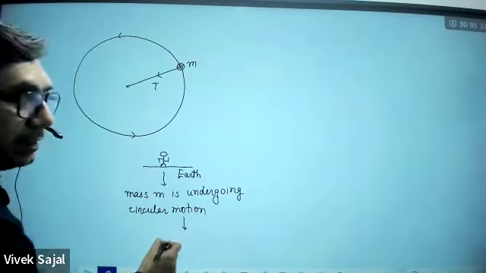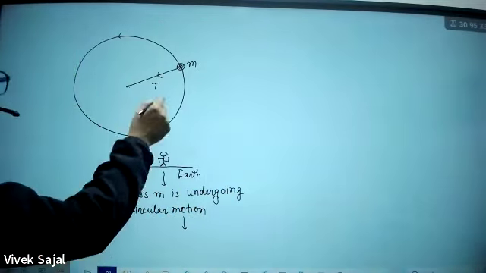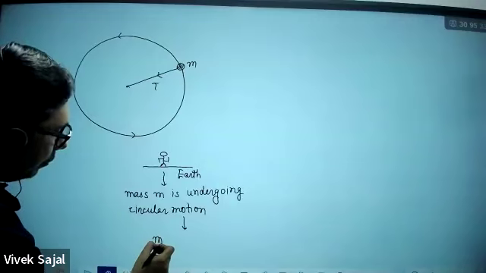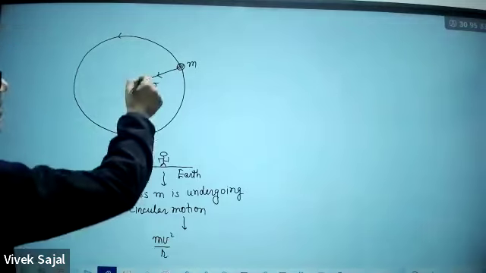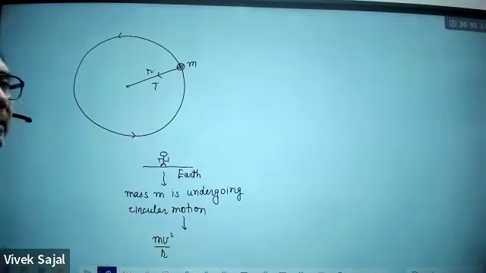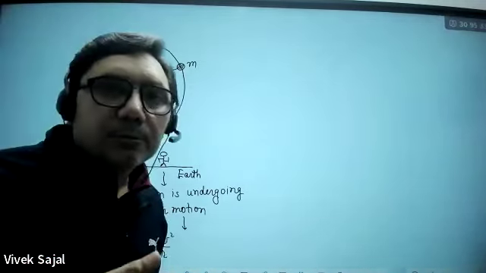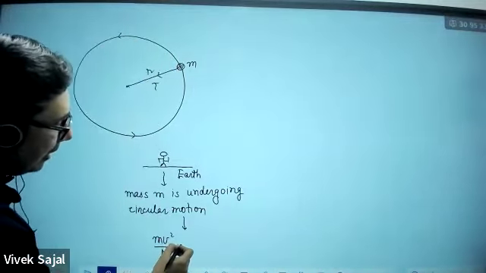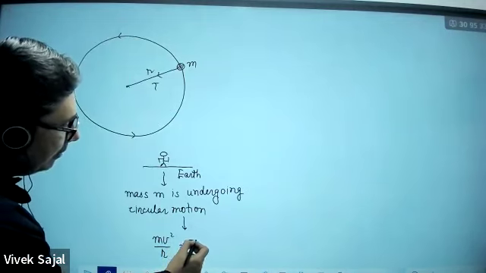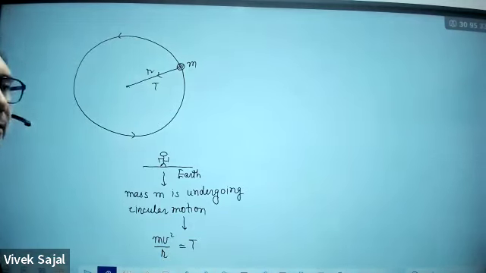And centripetal force is required for this circular motion. For circular motion, there should be some source of centripetal force. So who is going to act here as the source of centripetal force? This tension T is there.